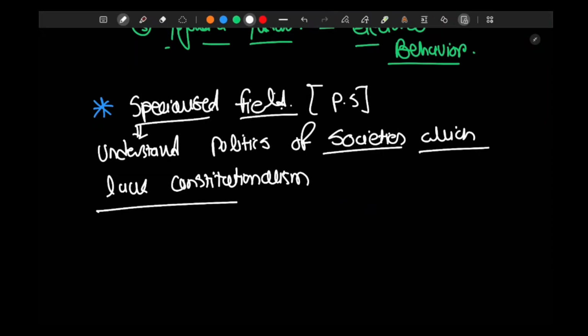So in societies which lack adherence to the values of the constitution, you have to look at social factors and how they affect politics. Constitutions become important in understanding developing societies, because they lack constitutionalism. That is where political sociology comes into the picture.